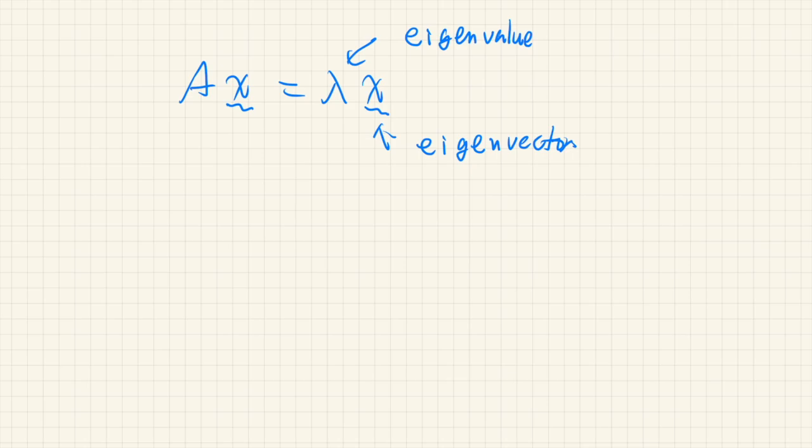Now, assuming A is real symmetric, we can prove that any lambda that satisfies this is real. And of course, then the corresponding eigenvector contains only real elements.